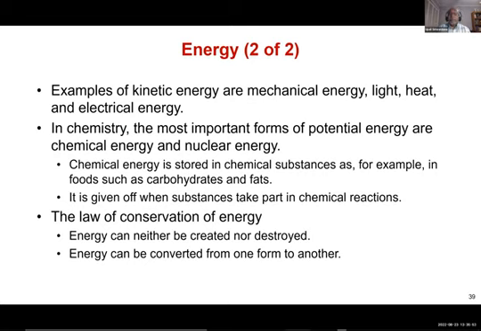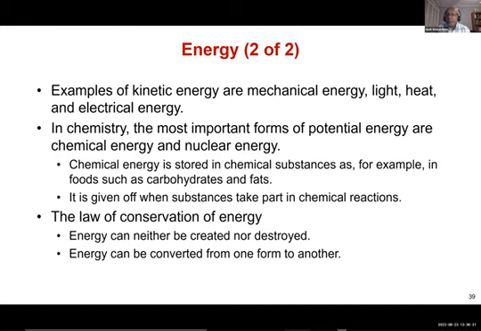An example of kinetic energy is mechanical energy. Mechanical energy is when a car moves along the road. You can move a certain mass in the car, certain people in the car, from the mechanical energy created by the machine, the internal combustion engine in the car.